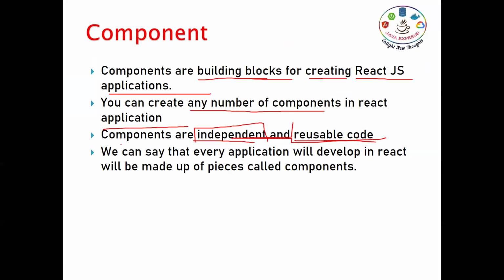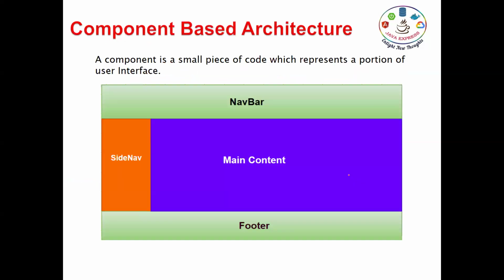In real time, one component can be worked on by one developer and another component by another developer. By creating components, there is no conflict between the developers as well. We have separate responsibilities. So we can say every application developed in React is made up of pieces called components. A component is a small piece of code which represents a portion of the user interface.